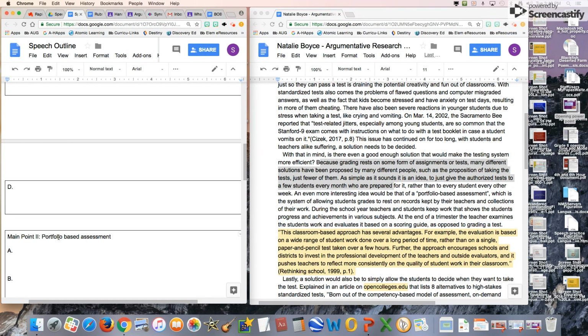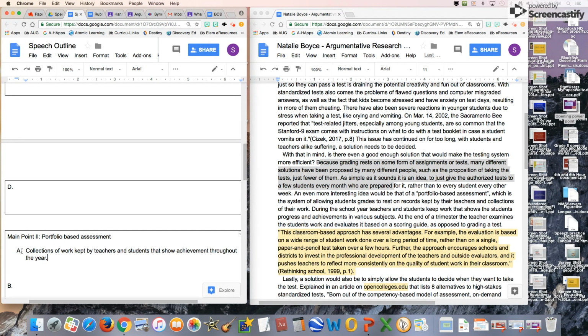The portfolio-based assessment allows the students' grades and records to be collections of work that show achievement throughout the year.